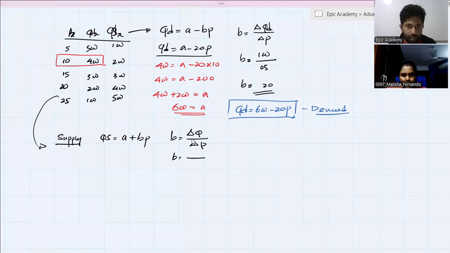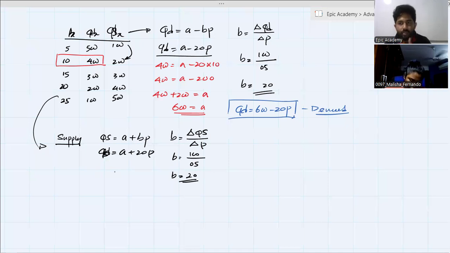Delta QS, the difference of 2 points, is also 100. The difference of prices is also 5 rupees. So then again the value for B is 20, right? And that means QS equals A plus 20P.